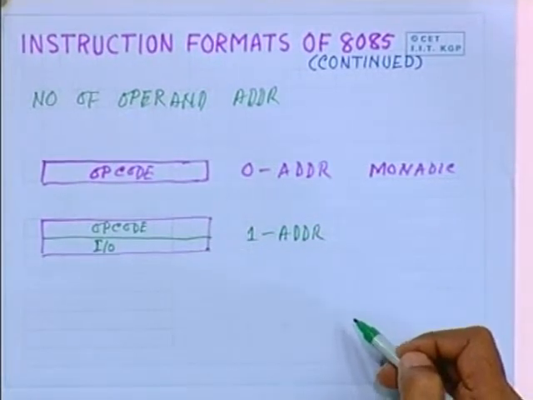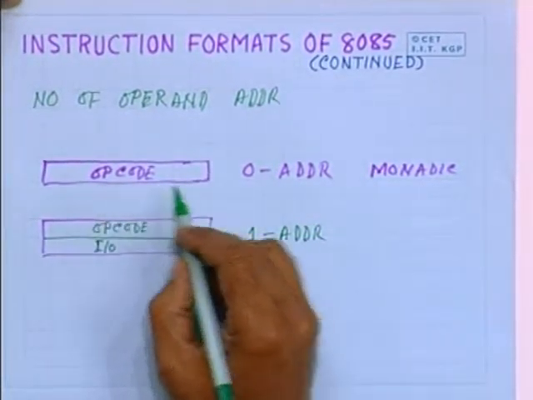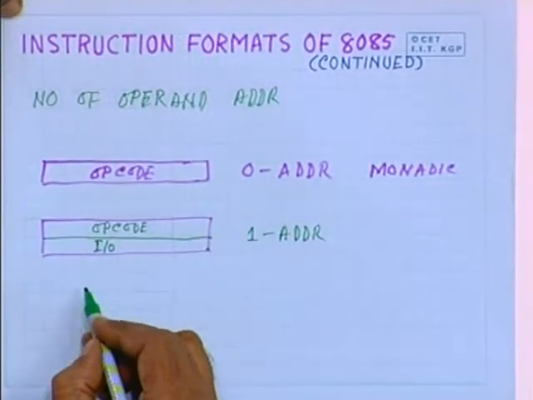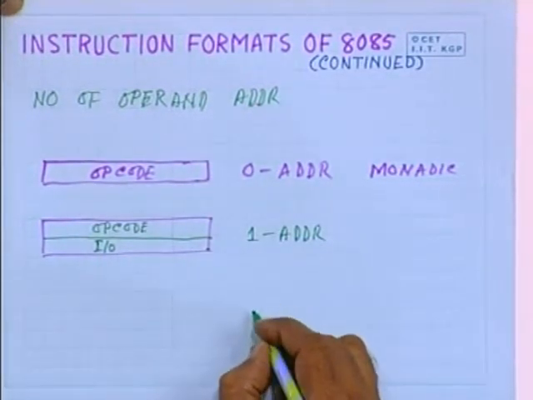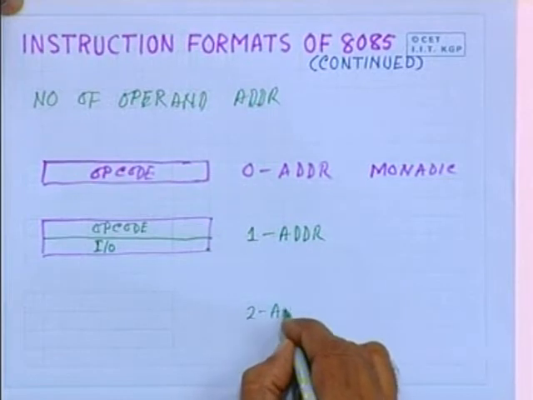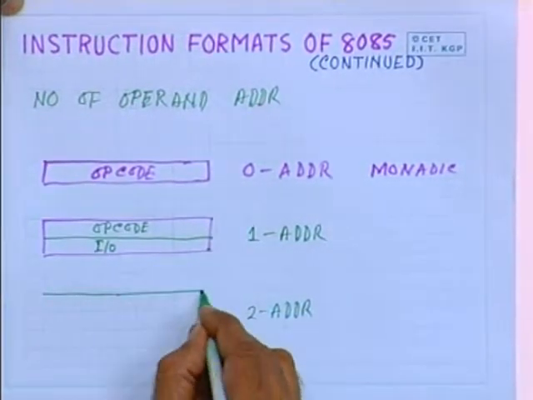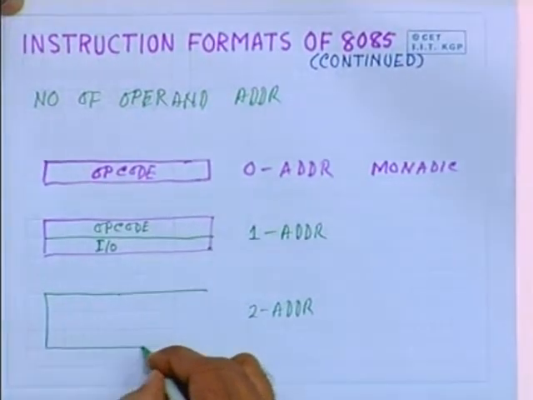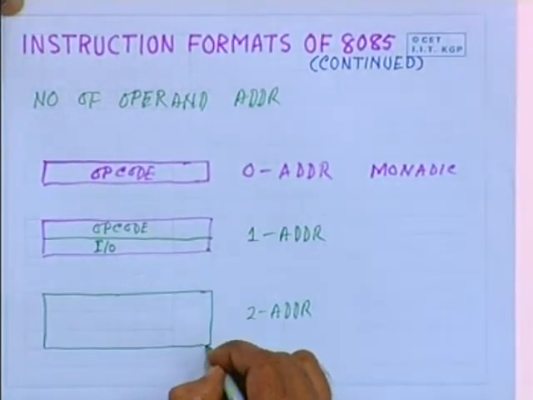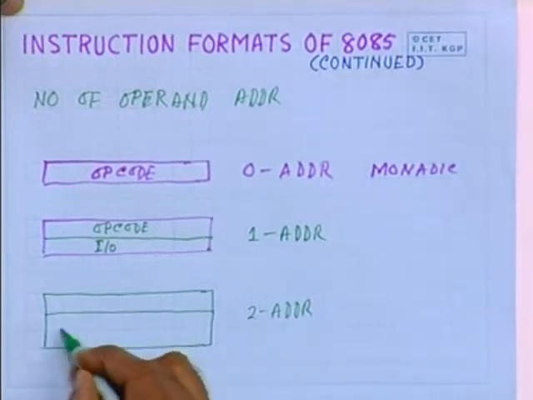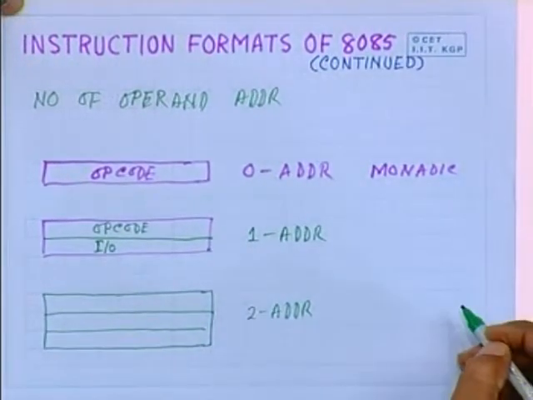Now, sometimes you have to specify two addresses also. So a two address instruction can be of single byte, 2 byte or 3 byte.